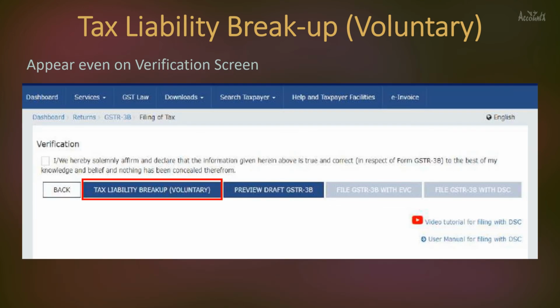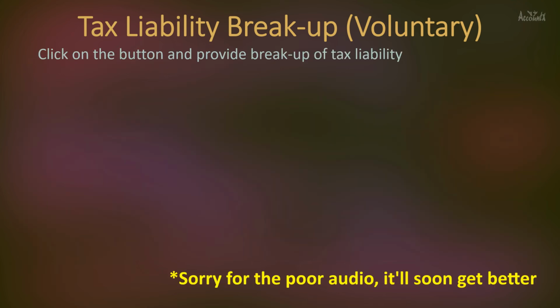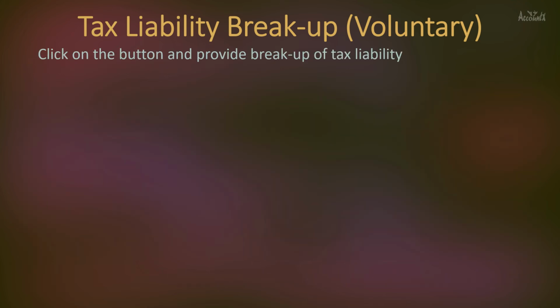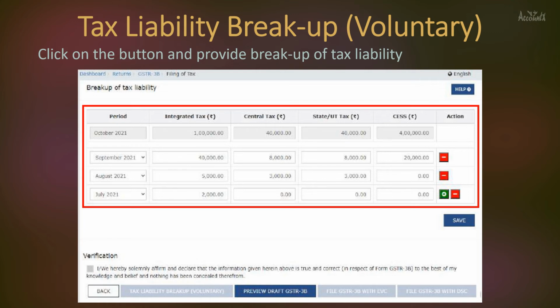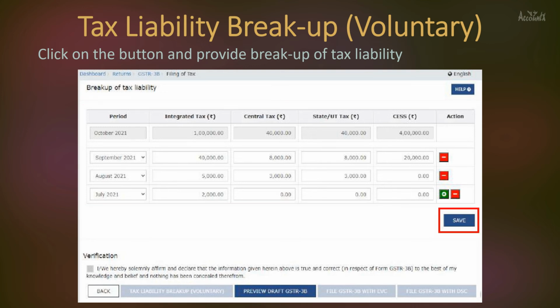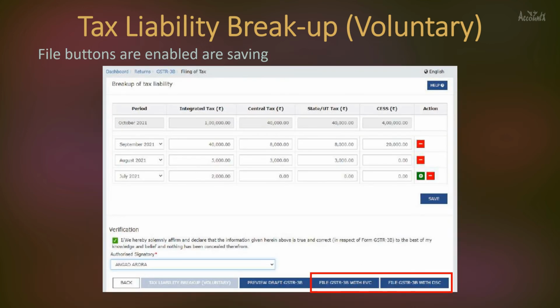This new button would appear even on the verification screen. You can click on this button and provide breakup of tax liability. Here, breakup of tax liability is specified from July 2021 to October 2021. Click on save. Once you click on save, file GSTR3B buttons would be enabled. You can tick the checkbox and click on file GSTR3B button and file your GSTR3B.